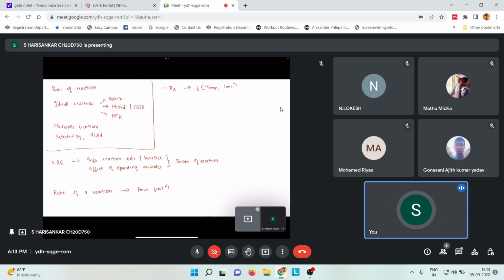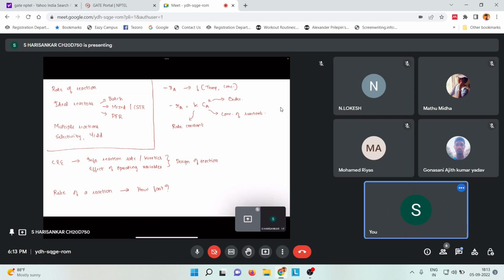The most basic representation of reaction rate is minus Ra is equal to K Ca raised to n, where K is the reaction rate constant, n is the order of reaction, and Ca is the concentration of reactant. So these three terms constitute a basic rate equation.